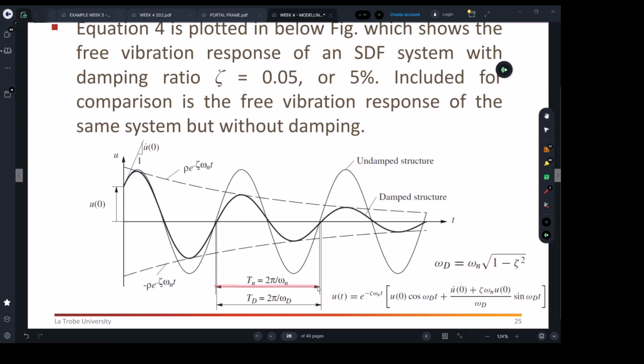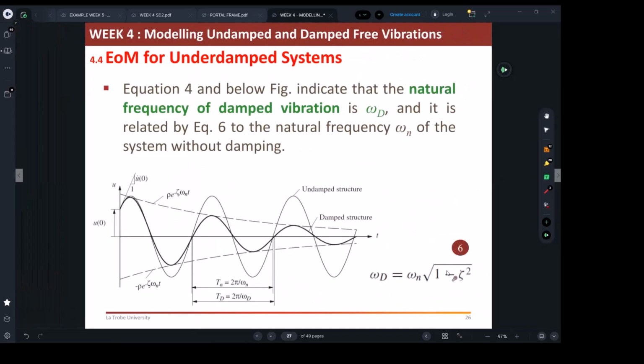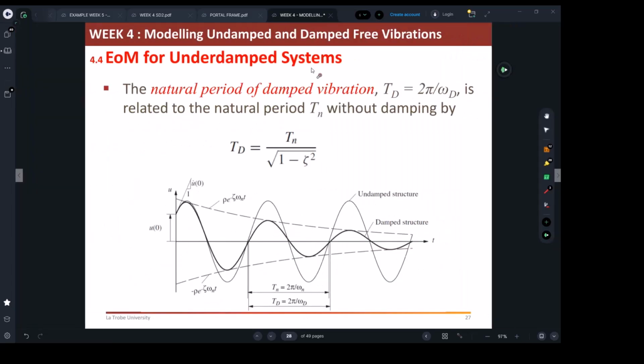See what's happened to the natural time period. This is the natural time period, right? And here you have your natural damped time period. So things will change slightly, and by using this function, and we're going to see the other functions as well, we can determine the damped time period. So in this section, we're talking about the equation of motion for underdamped systems, for the situation where we have free vibration and damped systems.